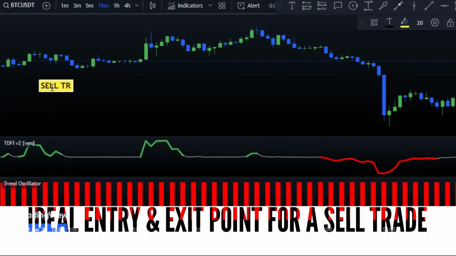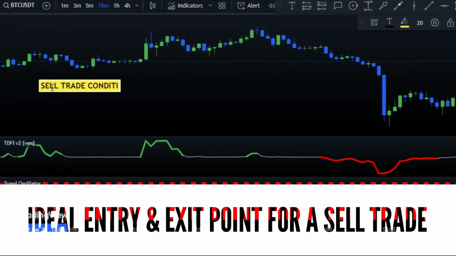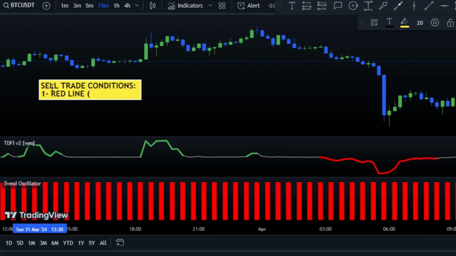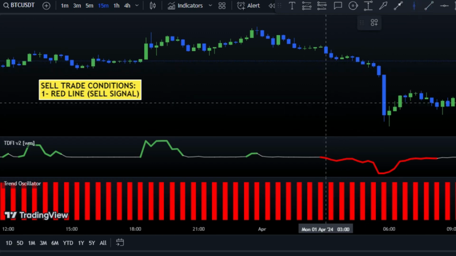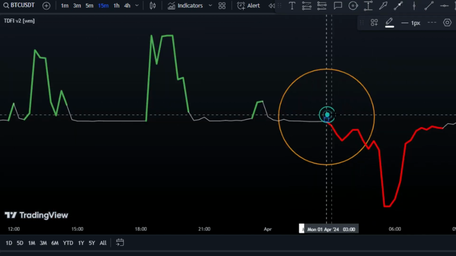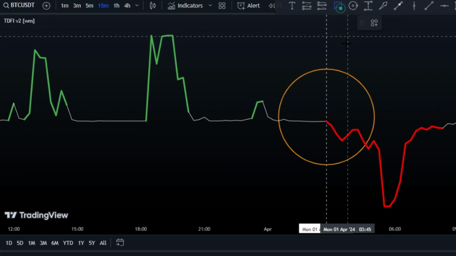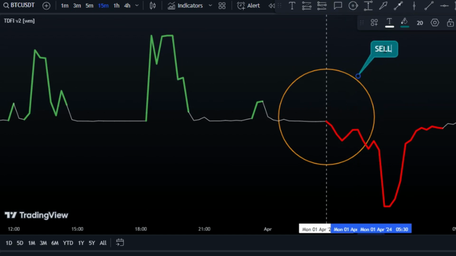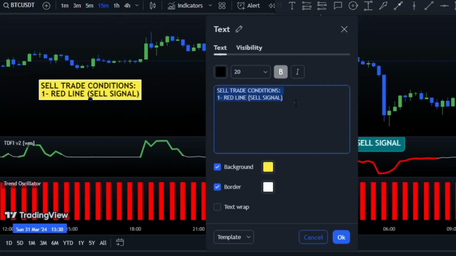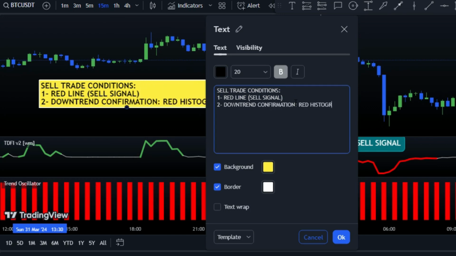Transitioning to sell trade rules. Begin by looking for a sell signal from the TDFI indicator, recognizable as another line color change. Subsequently, validate the signal's strength with the trend oscillator, ensuring its histogram appears red, affirming bearish market momentum.